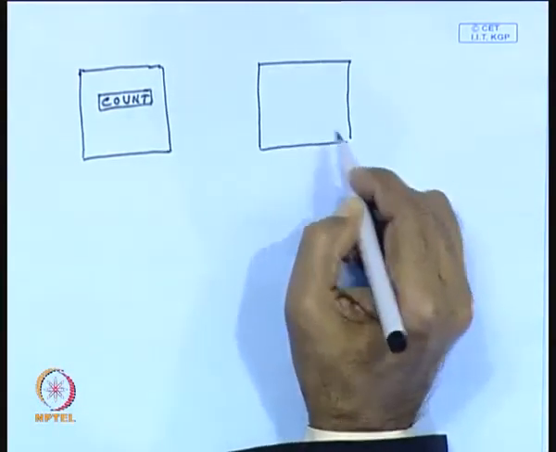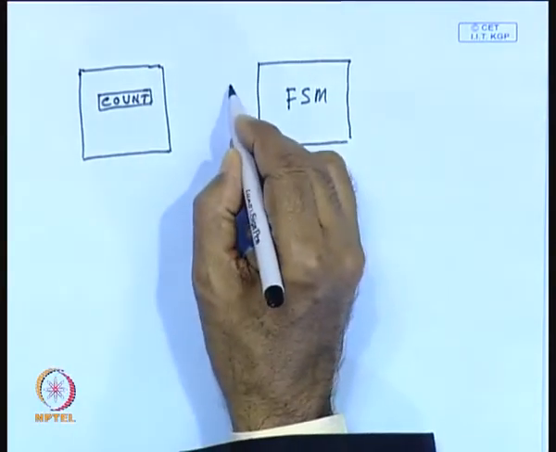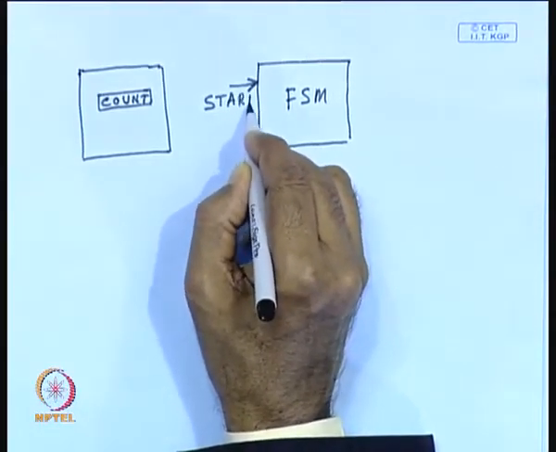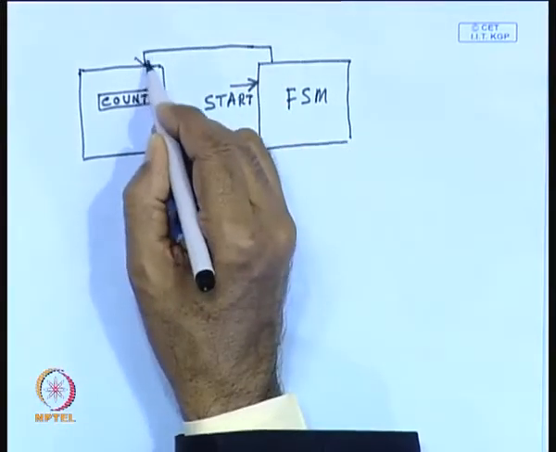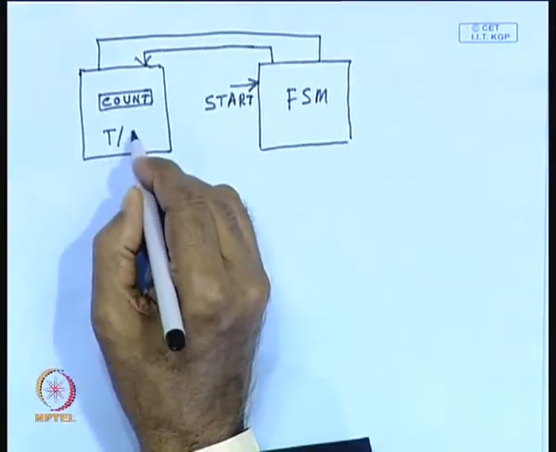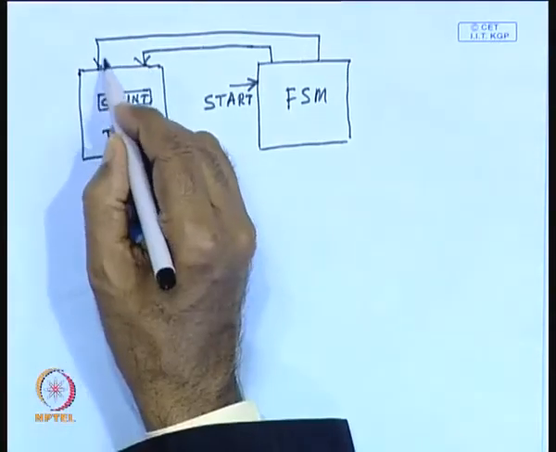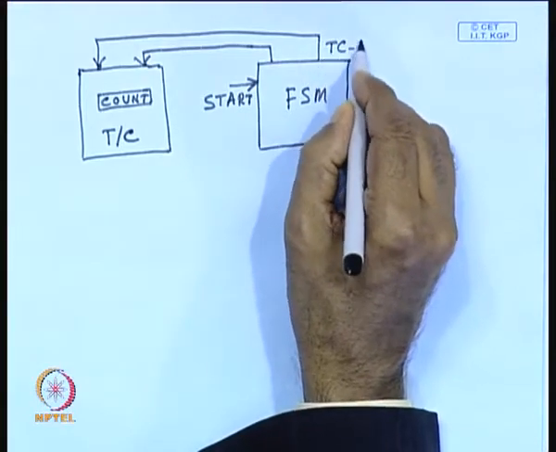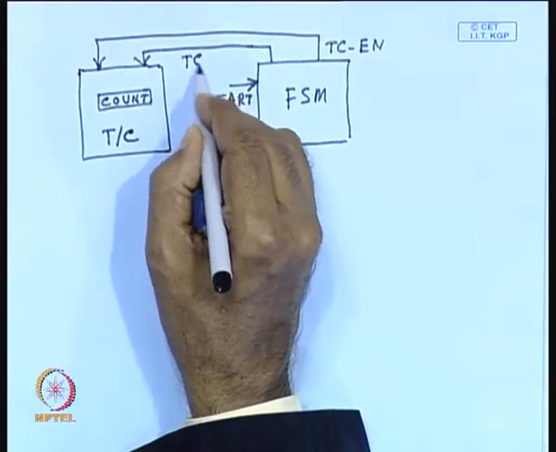So, this is the FSM and it is interacting with this. The FSM can be started with the help of a start signal, and the FSM also generates two signals which are applied to this timer counter. You can say this is a module, and these two signals are, one is the timer counter enable, TCEN, and another is the timer counter set, TC set.